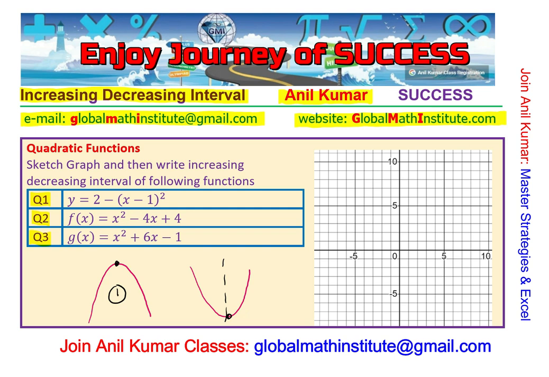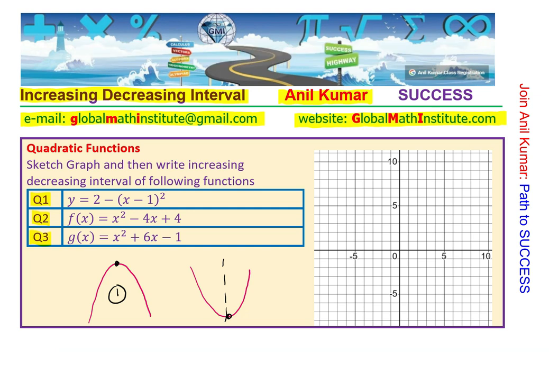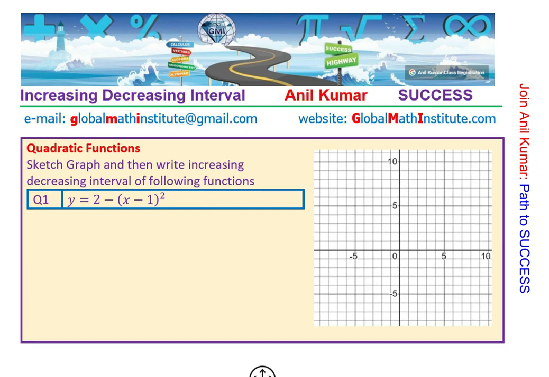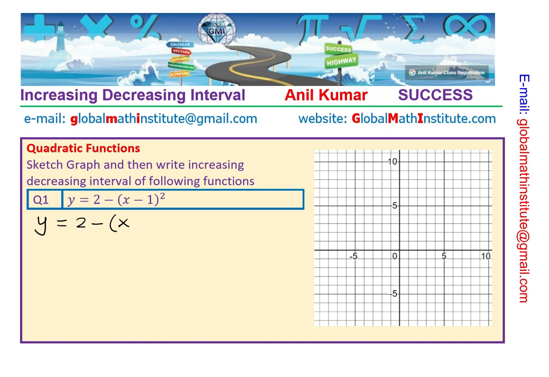So now basically the idea is to find the vertex, and second, whether the parabola opens upwards or downwards. Keeping that in mind, we are going to solve these questions. Here is question number 1. Let's rewrite the problem, which is y equals 2 minus (x minus 1) whole square.